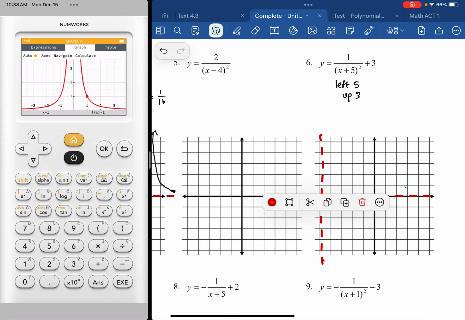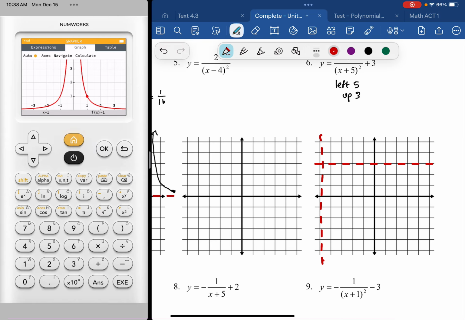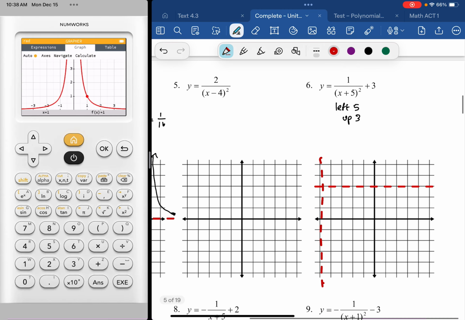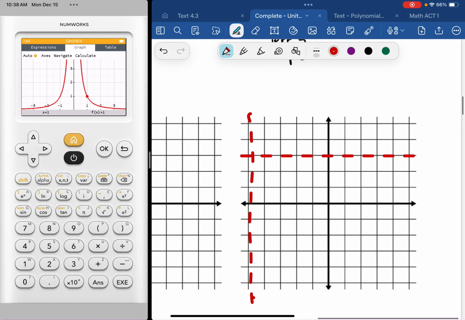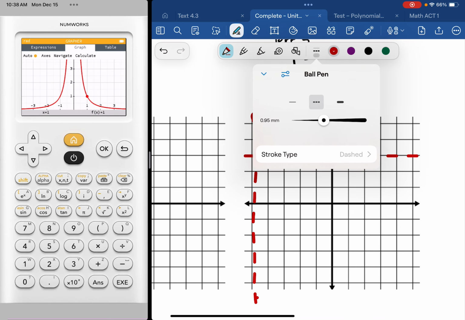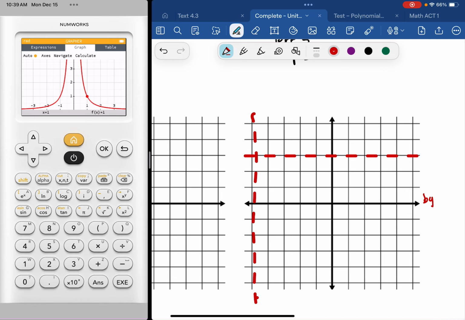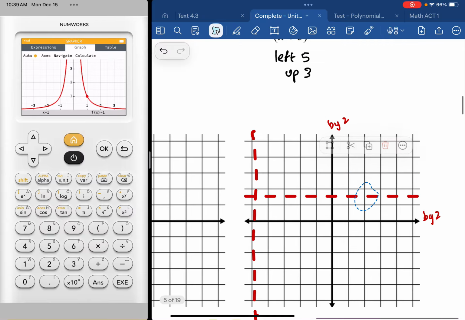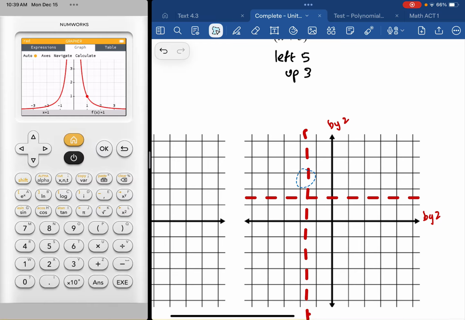It's going to go a little off the grid there, so there are 2 ways to handle that. You could go off the grid, which is fine because we're normally going to do these freehand. The other way to do it would be to scale it. If I wanted to go by 2s, I'll do that. So instead of going up 3, I'll go up 1.5. Instead of going left 5, I'll go left 2.5.